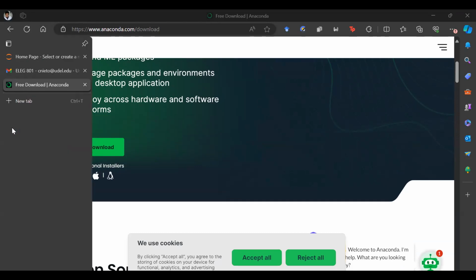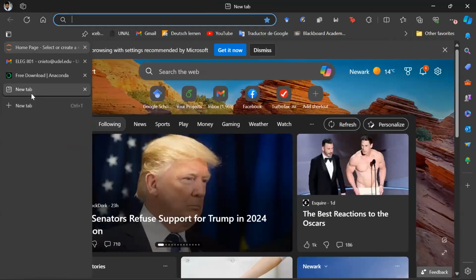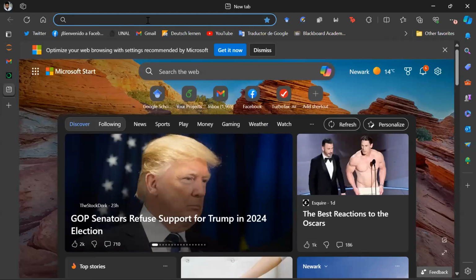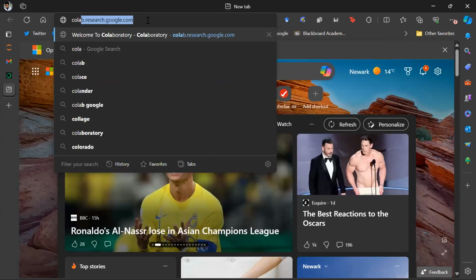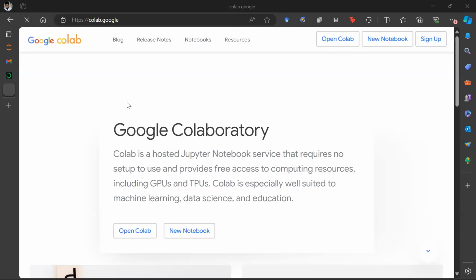The other option, if you don't have access to Jupyter now, is to go and type Google Colab, from collaboration. You go to the link that has this infinity or CO icon. You click on it, and it opens a new notebook.